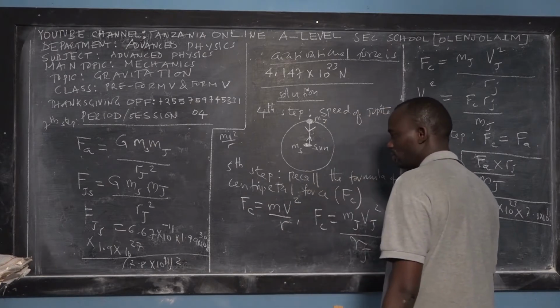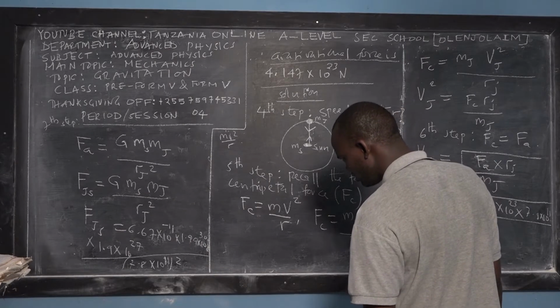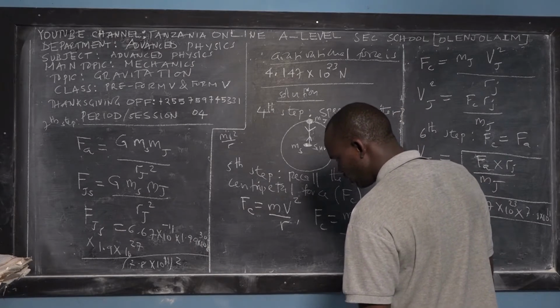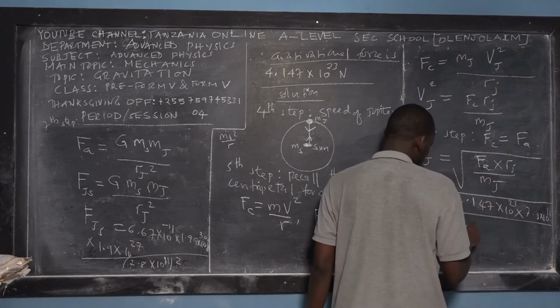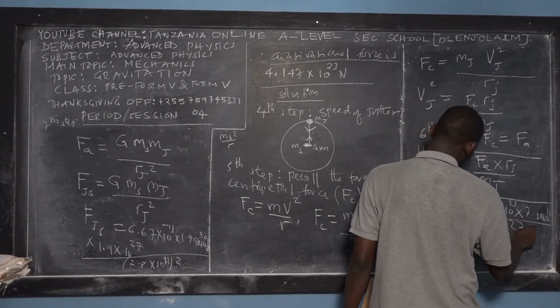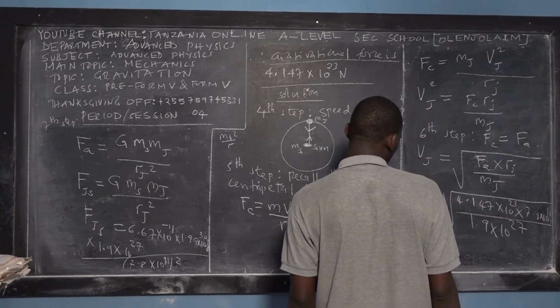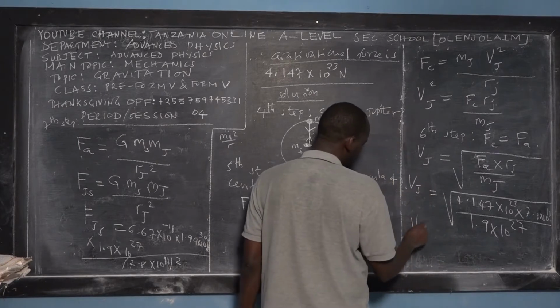The mass of Jupiter is equal to 1.9 exponent 27. So find the velocity of Jupiter.